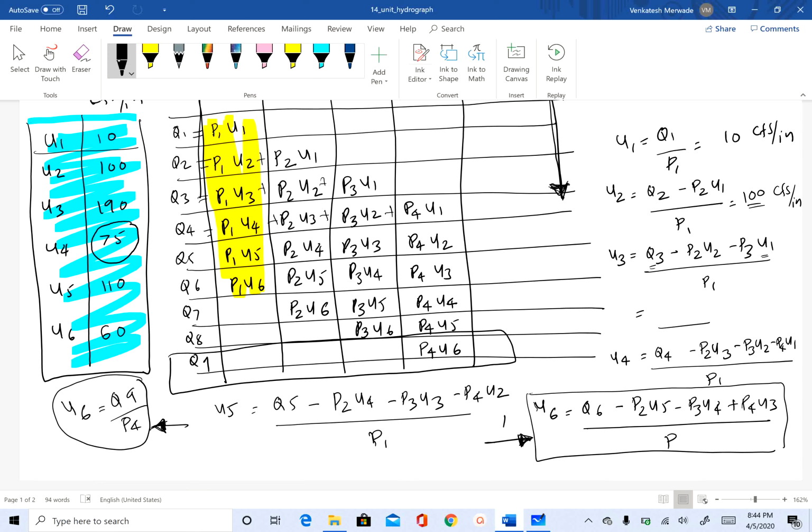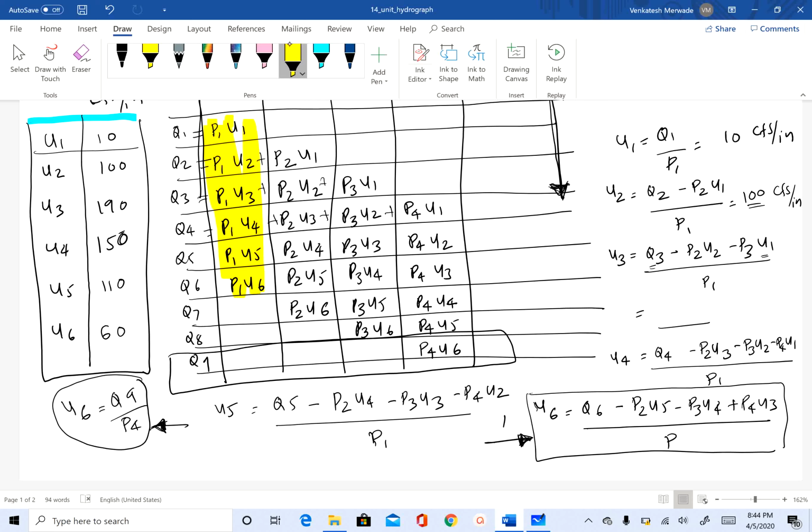So 190 plus 110 is 300, and 300 divided by 2 is 150. So I will correct my value here. Instead of 75, I'm going to write 150. So this is our final unit hydrograph. These are the numbers that we have for the unit hydrograph after doing the first part of this assignment.